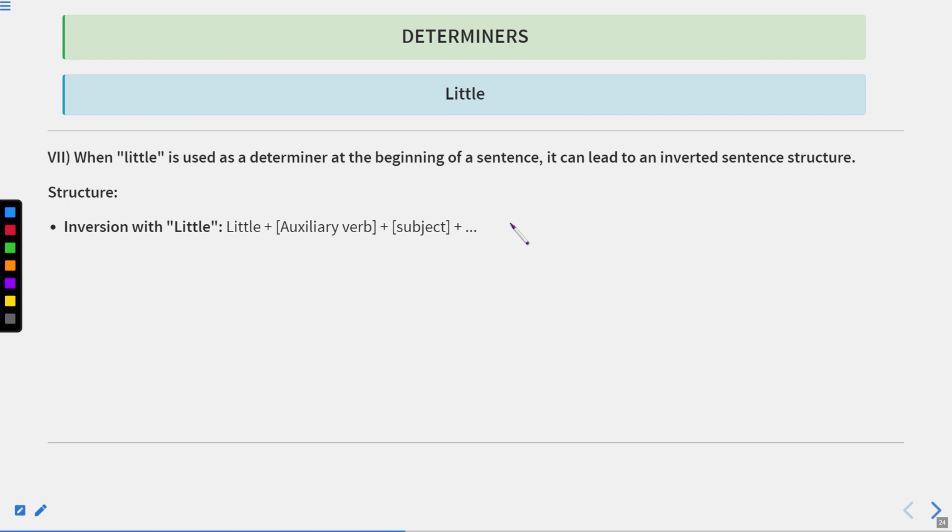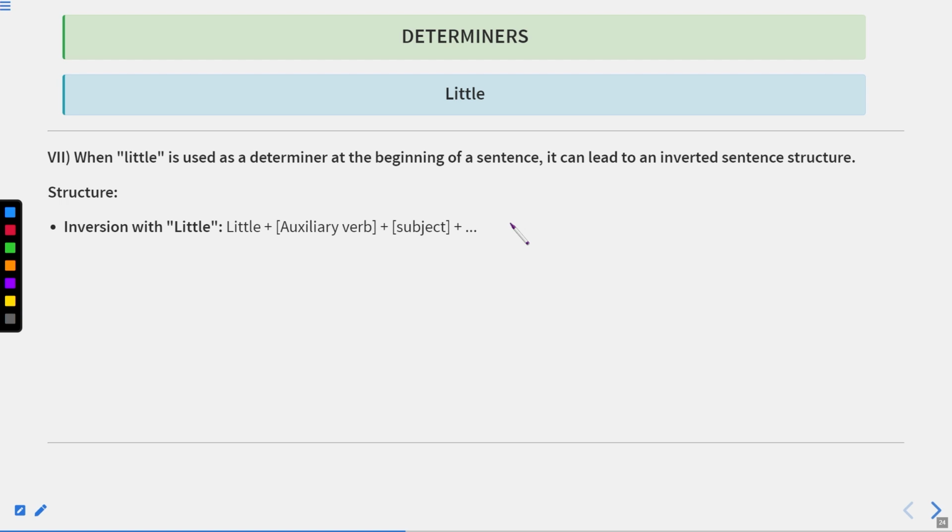Little. When little is used as a determiner at the beginning of a sentence, it can lead to an inverted sentence structure: inversion with little plus auxiliary verb plus subject. Whenever we begin a sentence with adverbs like hardly, scarcely, barely, or no sooner, we follow the rule of inversion.